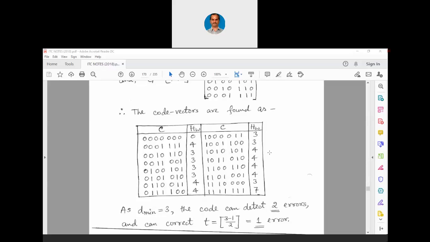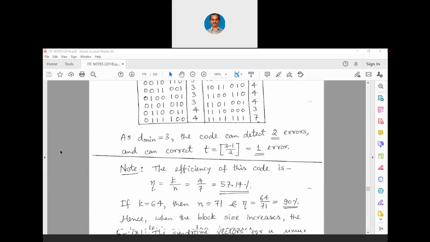We want a syndrome which has to be 4 bits, but we will not get it that way. So H transpose will not have all the possible syndrome vectors. And that's what I had told you in the beginning also, that it can detect 2 errors, it can correct only 1 error.